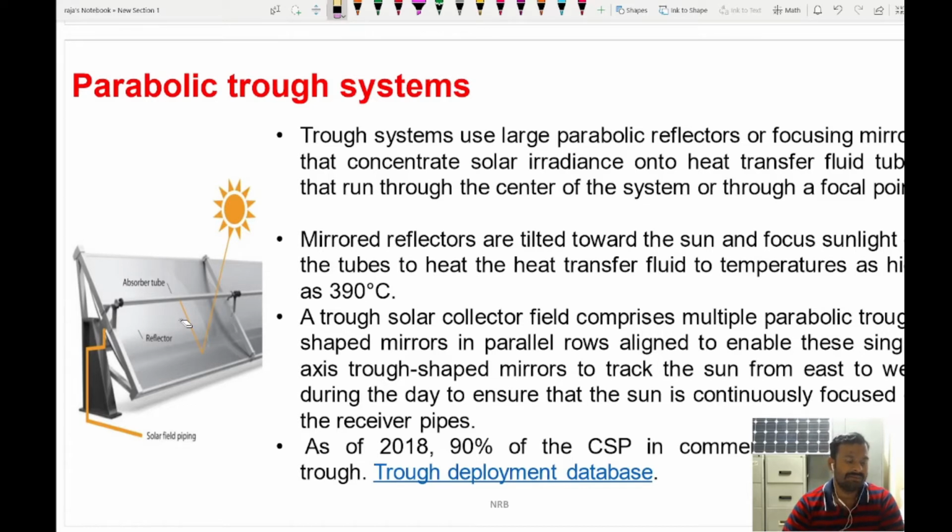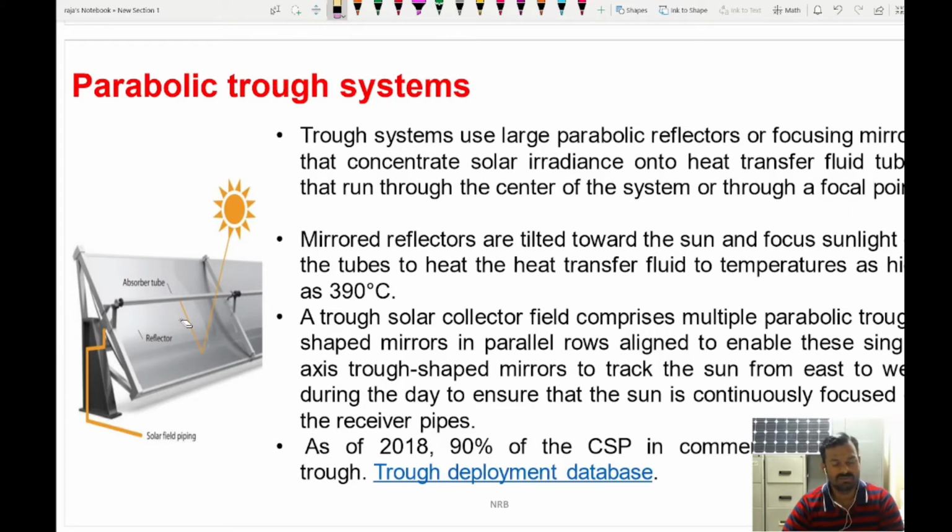And when we have an excess amount of heat produced in this CSP or reflector method, that can be stored in the heat storage system. In the heat storage system, we have molten salts.